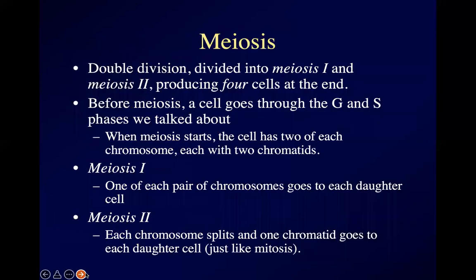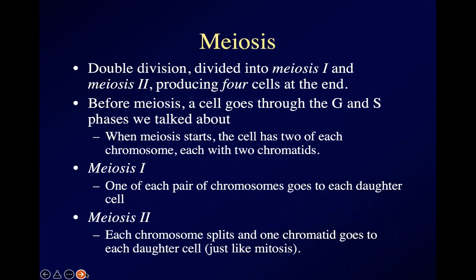Okay, so how does this meiosis work? It's a double division. In making sperm, you start with a diploid cell, and guys, you've got a bunch of these in your testes. They're called spermatogonia, and they're diploid, and each spermatogonium cell divides and then divides again.